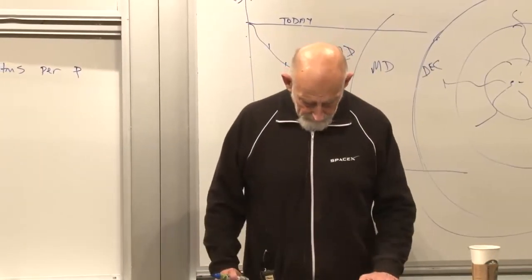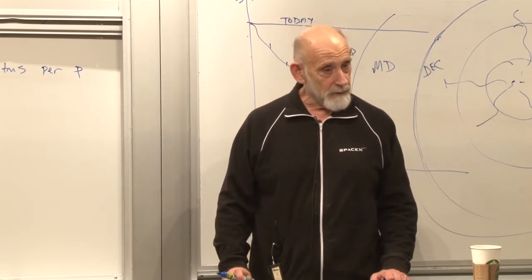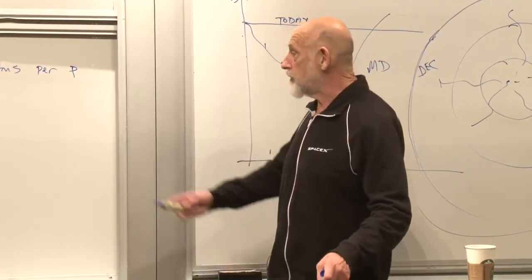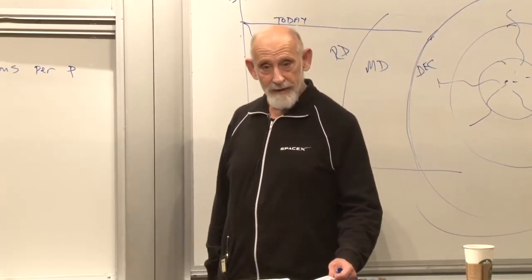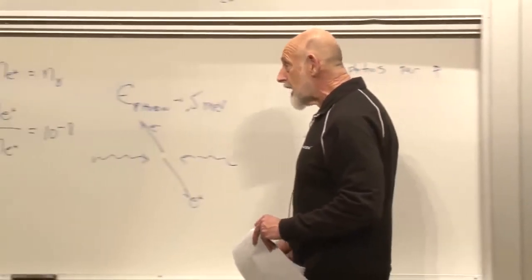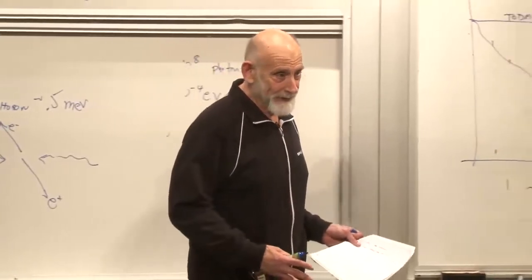Given that the number of electrons and positrons are not equal, which is odd in itself, the question then becomes, why is it so small? But on the other hand, you could say, well, 10 to the minus 8th is a lot bigger than 0. So why is it so big?